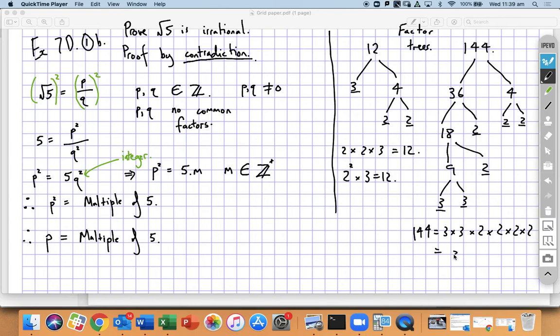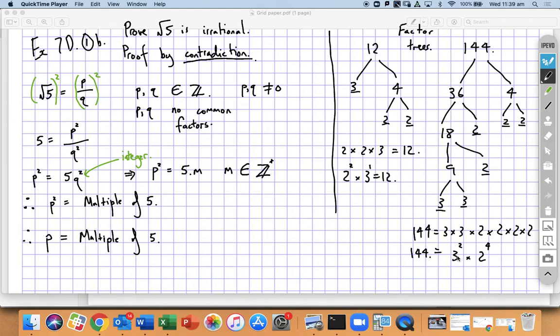That's the same as 3 squared times 2 to the 4. What's also interesting here is that if I took 2 squared and squared it, I get 2 to the 4. If I took 3 to the 1 and squared that, I get 3 squared. Right?